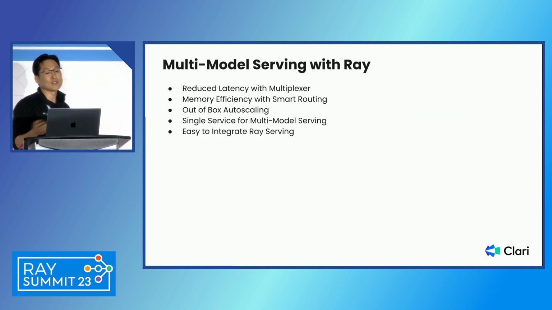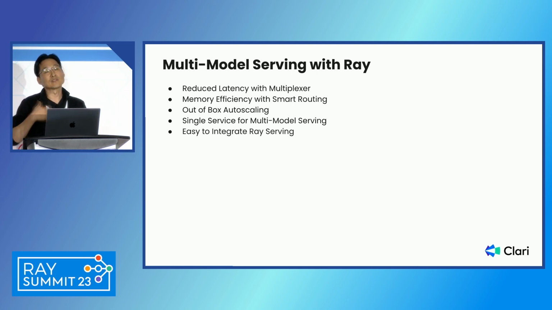Some additional benefits that we got from Ray Serve is the memory efficiency. As Xian said, the multiplexing does a really good job in managing the model loading into replicas. We don't have to load the model in every replica, but to only one replica. Also, we get the auto-scaling out of the box.